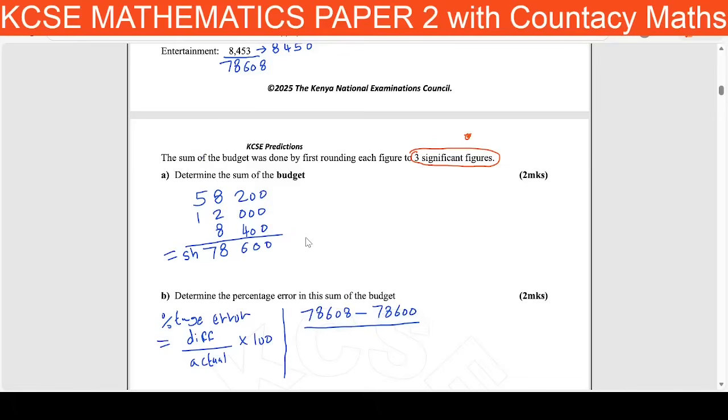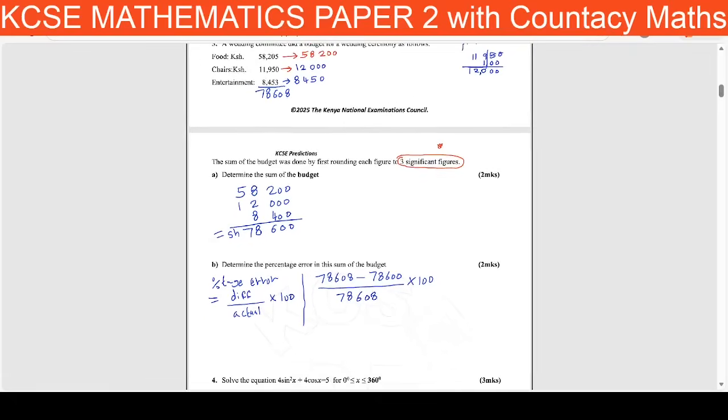Remember, the actual budget is the budget that we have here without rounding the figures to significant figures. Therefore, the actual one, we'll take as 78,608, and then finally, we multiply that by 100.